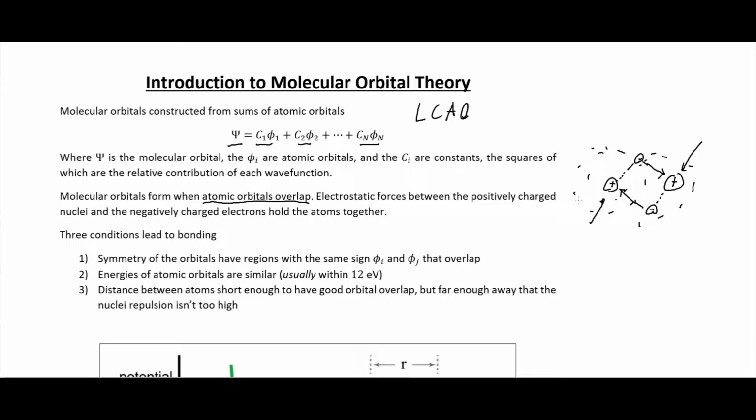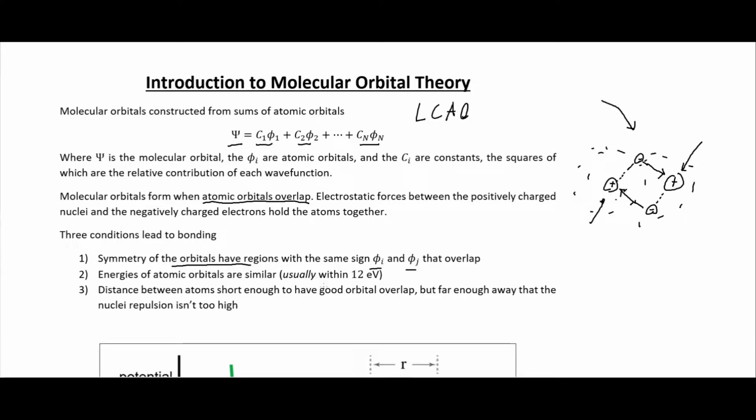And so we have three conditions that lead to bonding here. The first is that the symmetry of the orbitals have regions with the same sign. So the phi from one atom and the phi from the other one, and those overlap as I was talking about up here. Second, the energies of the atomic orbitals are similar.